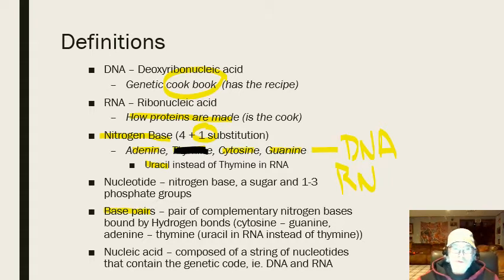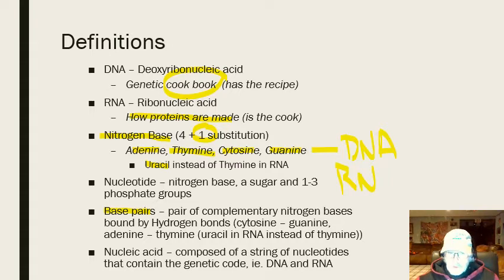So let's go back to our nitrogen bases. Let's get thymine back in there because thymine deserves to be in DNA. Let's talk about our complementary nitrogen bases: adenine, thymine, cytosine, and guanine. In DNA we have 2 strands.